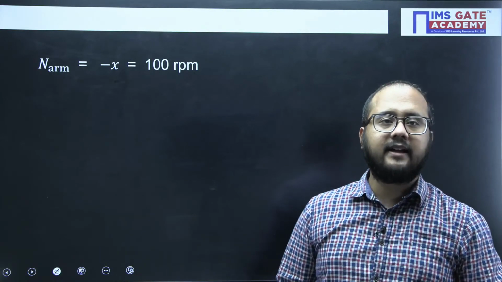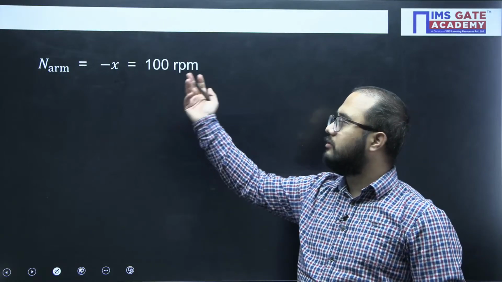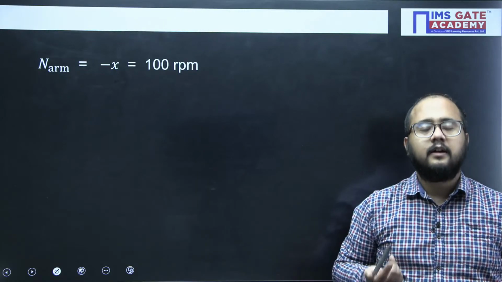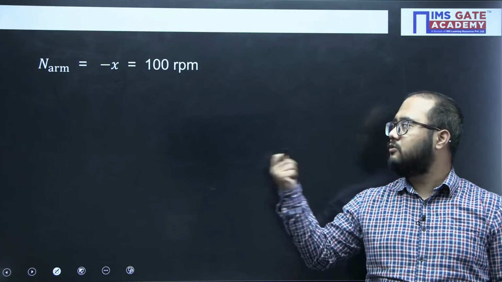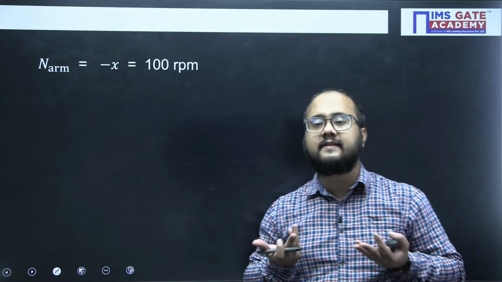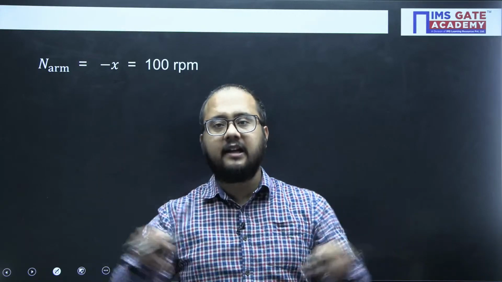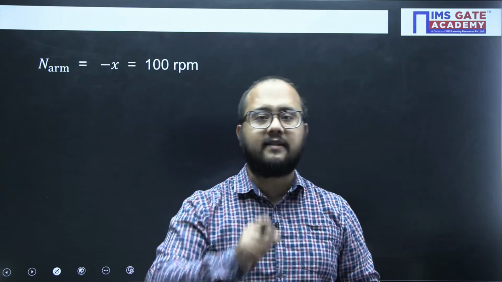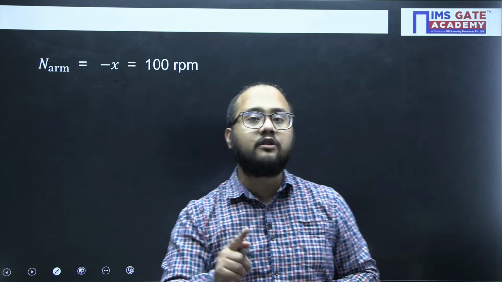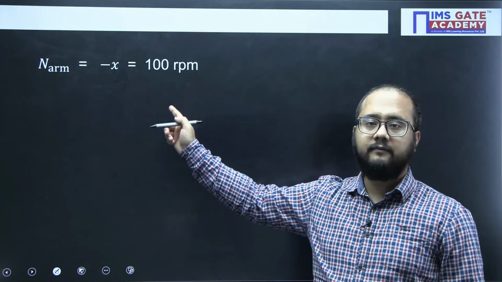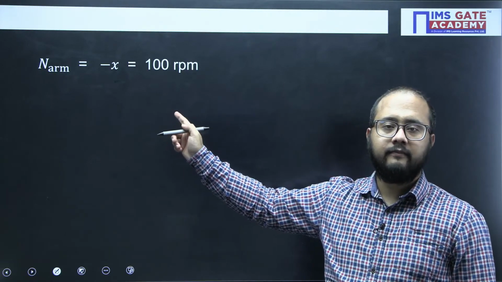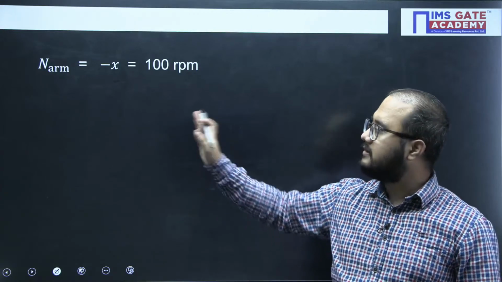From the table we are getting minus x. That minus x equals what? 100 RPM, because from the question it is given the arm speed is 100 RPM. From the table analysis we got arm speed as minus x. So, minus x should be equal to 100. Clear?